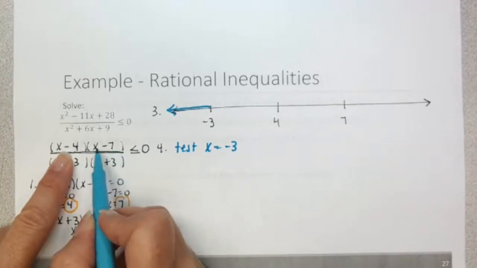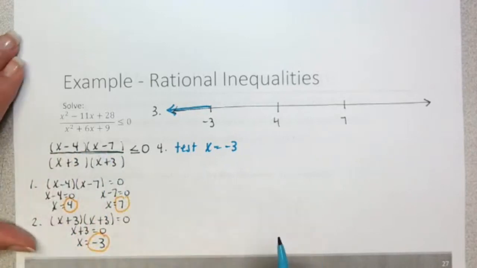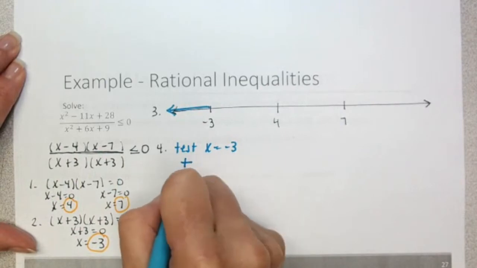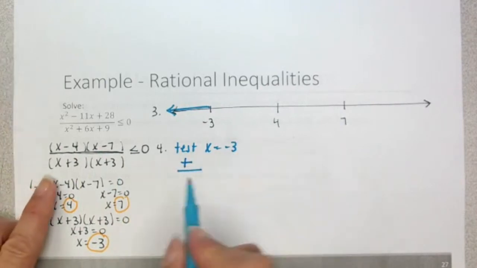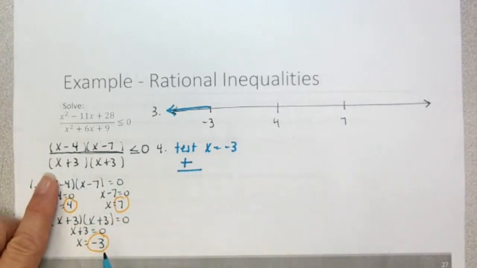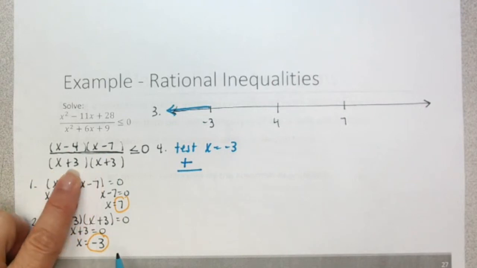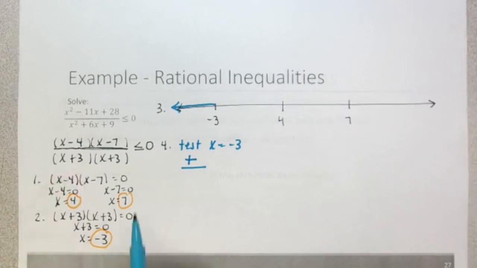Negative 3 minus 7, that's another negative. A negative times a negative makes it a positive. So our numerator here would be positive, okay? And negative 3 plus 3 is 0. So what does that mean? Here my denominator is 0. We can't have divide by 0.